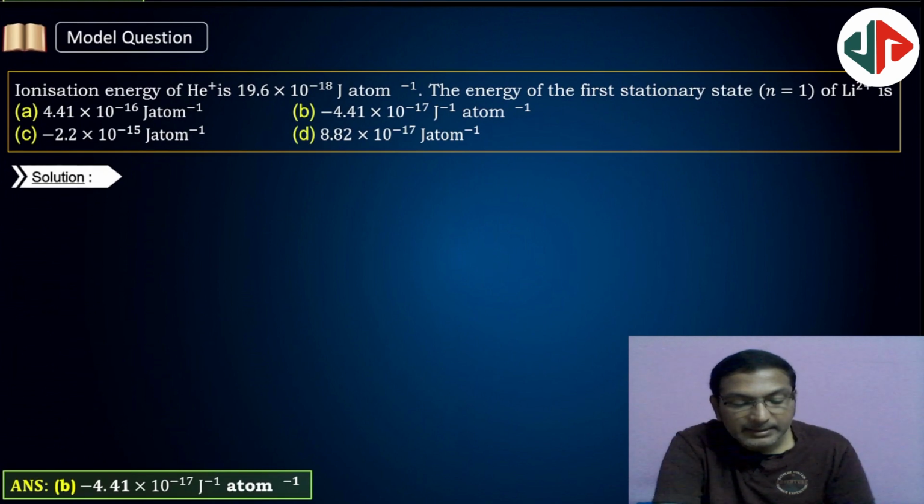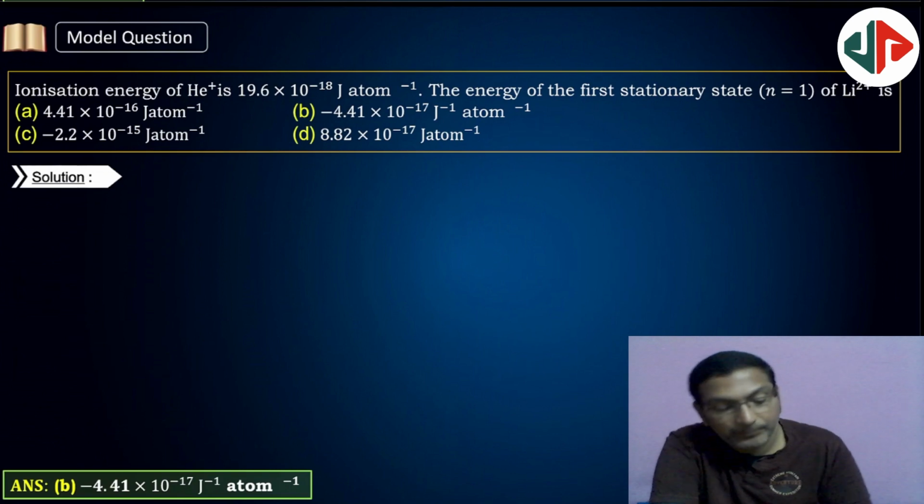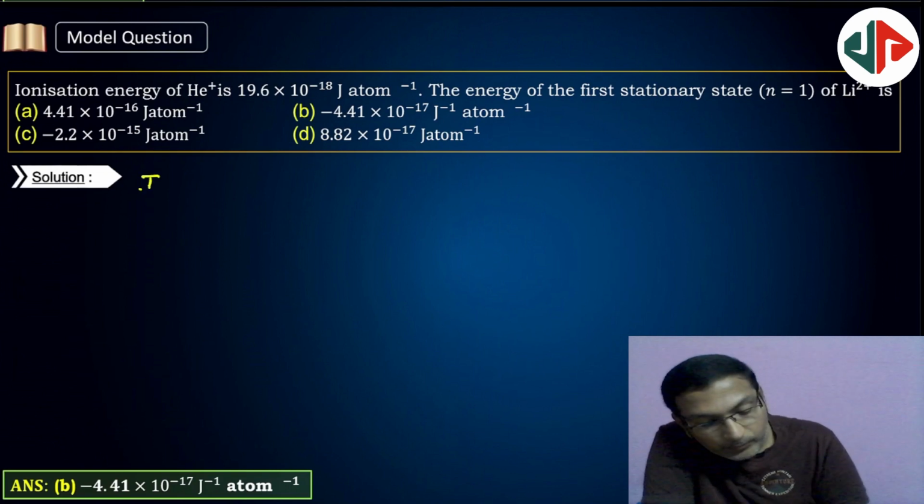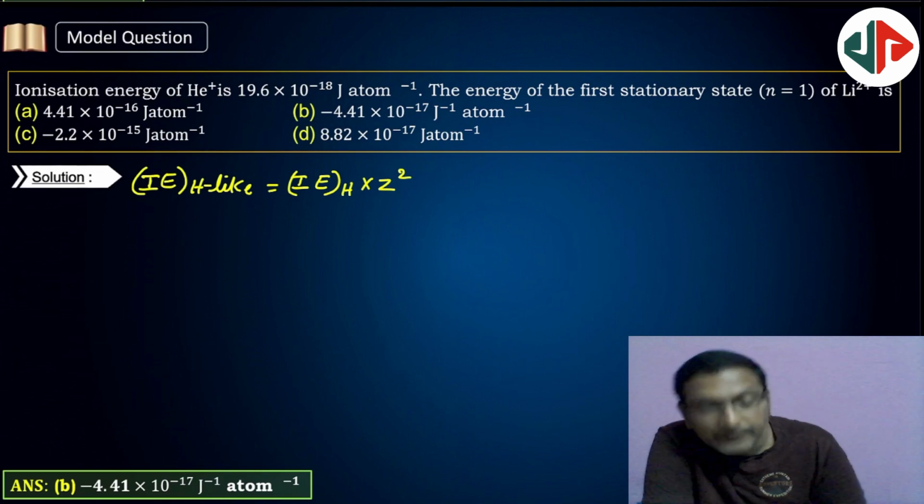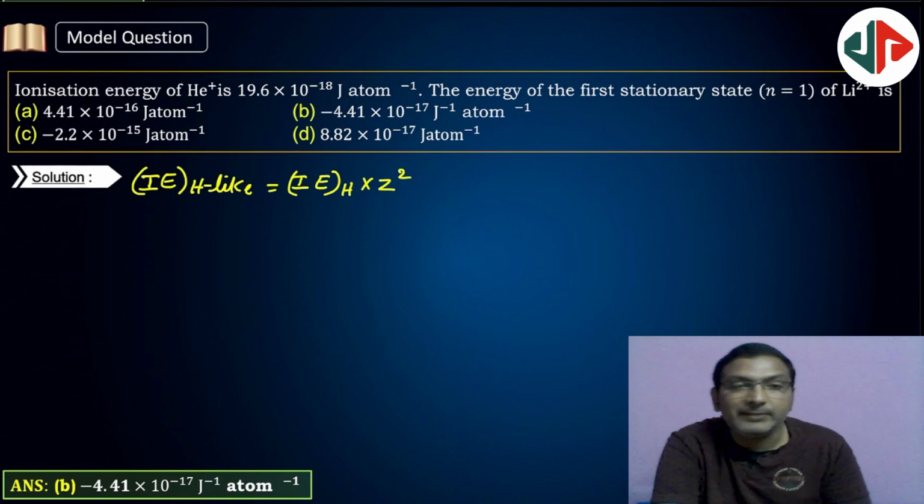Ionization energy of He plus is 19.6 into 10 power minus 18 joules per atom. Then the energy of the first stationary state of Li2 plus is. Here the ionization energy of a hydrogen-like species will be equal to, remember this relation, ionization energy of hydrogen into Z square, the fundamental equation.